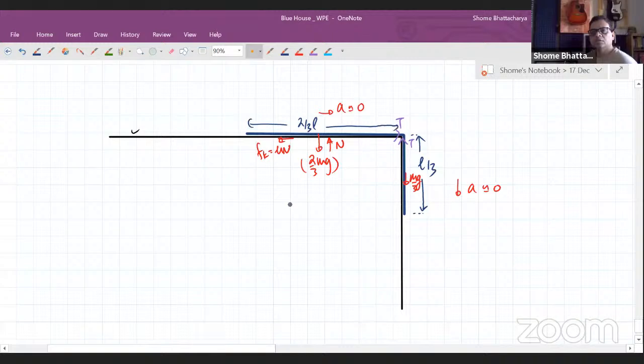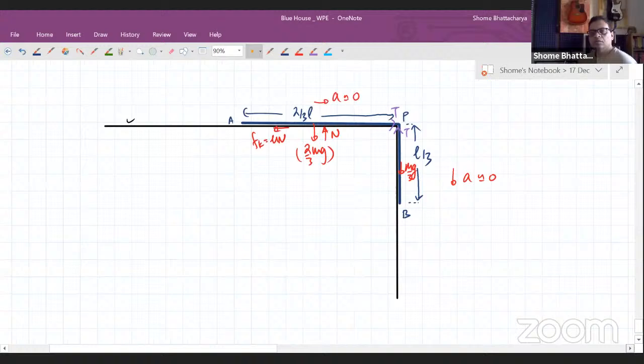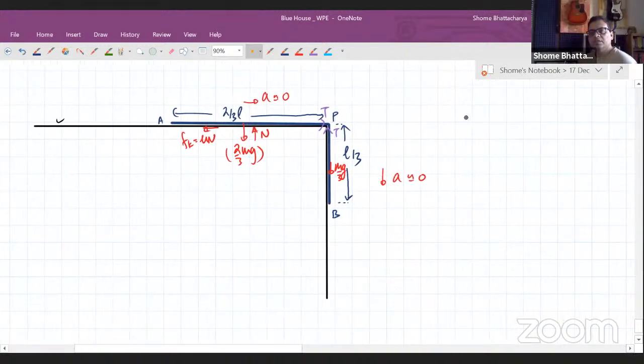That's why. Okay, so if we consider this end of the chain A, this end of the chain B, and the corner point P, so think of the section AP of the chain or of the rope.